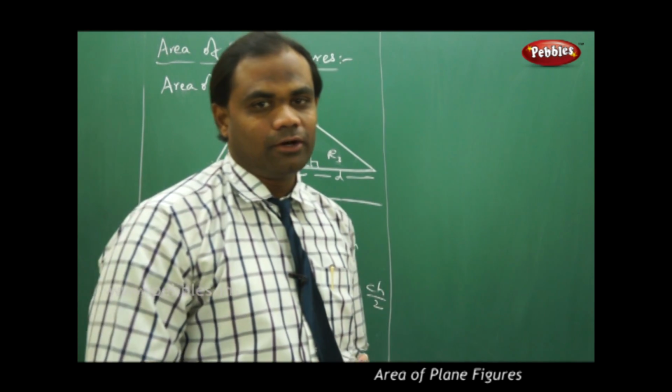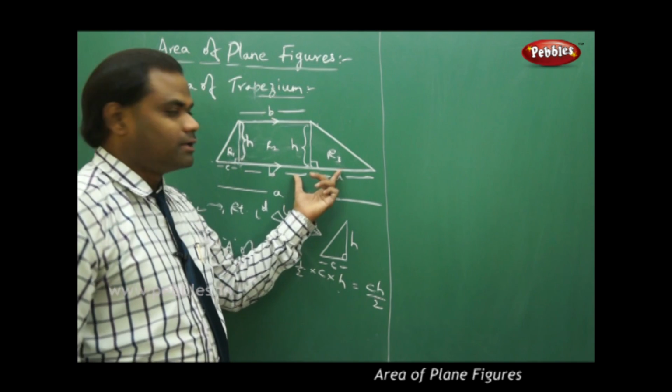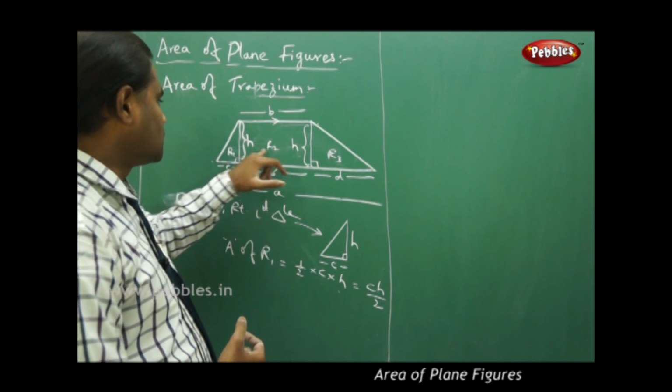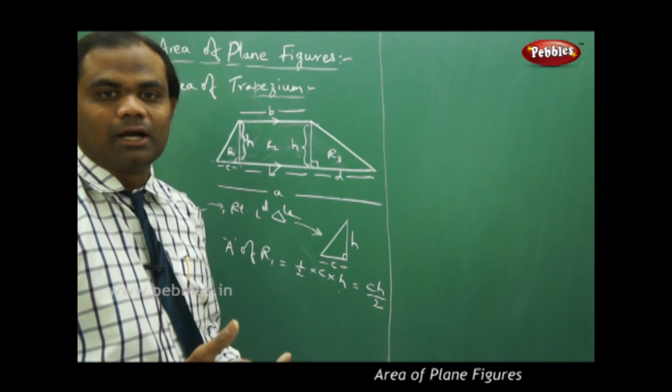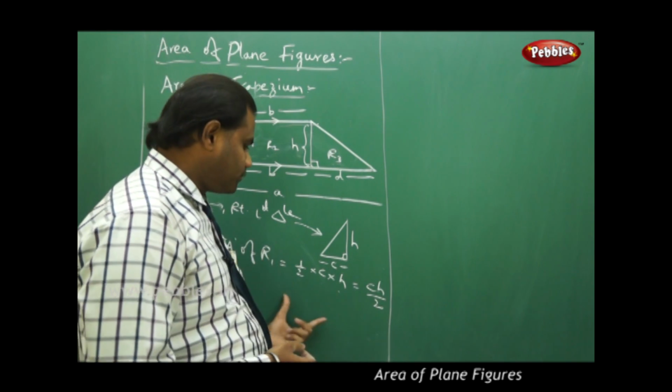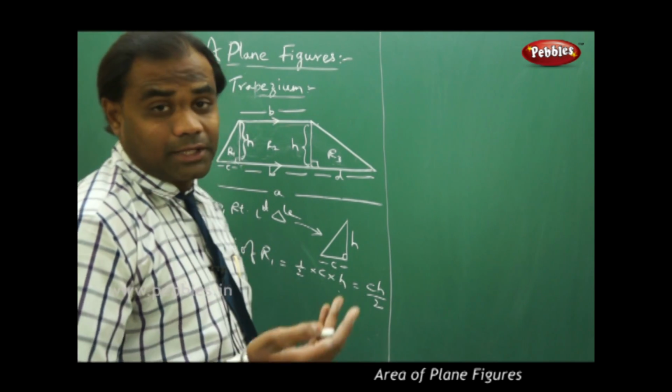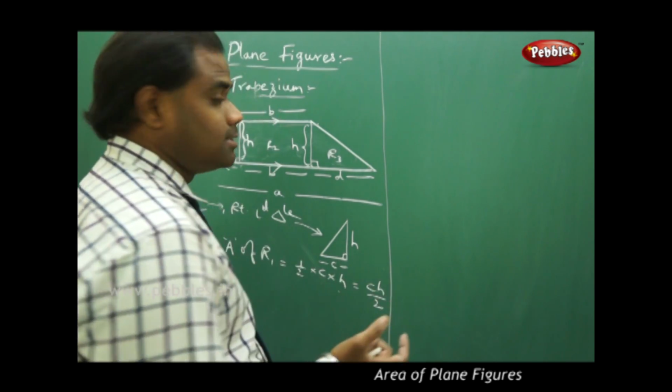Now, to find the area of the entire trapezium as given here, it is nothing but finding the areas of the regions R1, R2 and R3 and summing them up. We have already found the area of region R1, which is CH by 2, the area of region R2 was BH, and the area of region R3 is DH by 2.